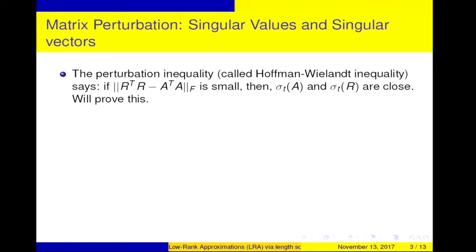It will say that if R transpose R is close to A transpose A in Frobenius norm, then the singular values of A and R are close. We'll prove that. Okay? So I've made a small perturbation, you can think of A transpose A to get R transpose R. If the perturbation is small enough, the singular values don't deviate too much. Okay? That sounds very plausible and true, and in fact it's true.